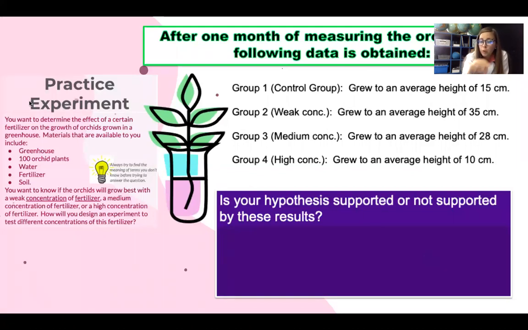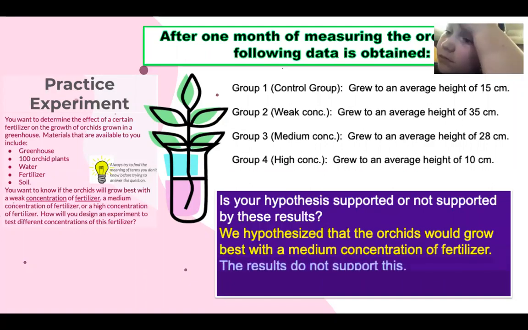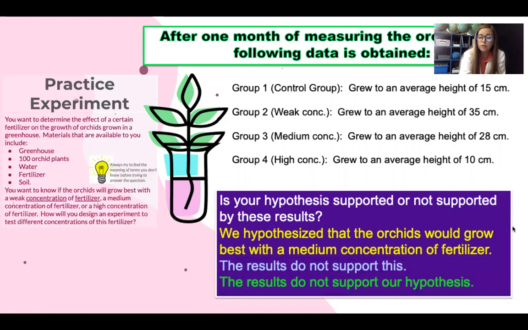It was not supported. Thank you for commenting in the chat. Very good. It was not supported because obviously the medium group was not the one that grew the highest. So our results do not support our hypothesis.